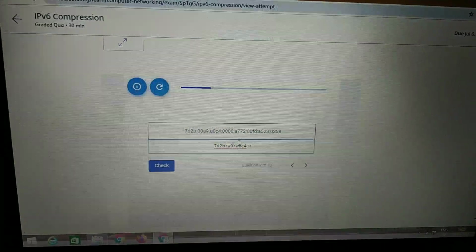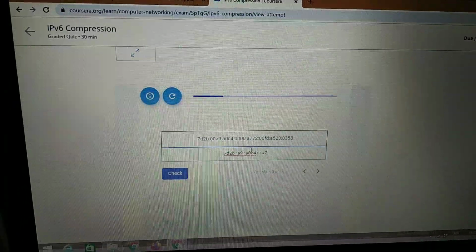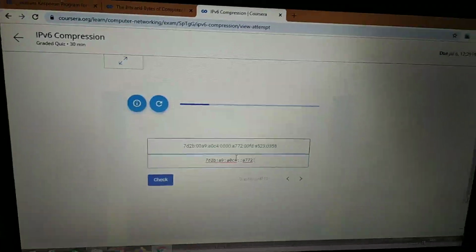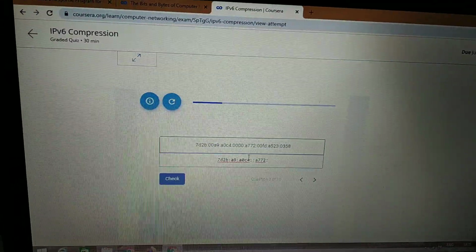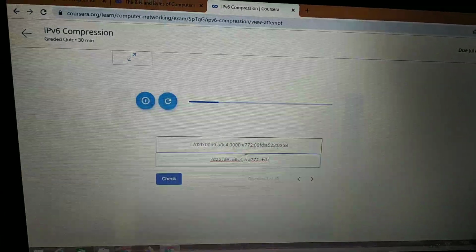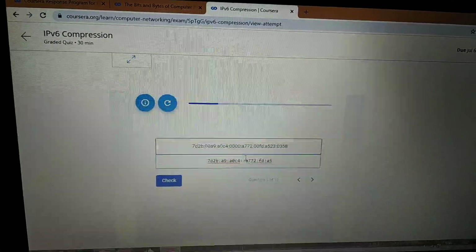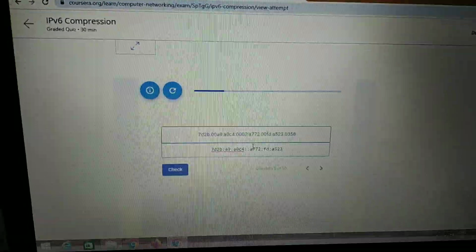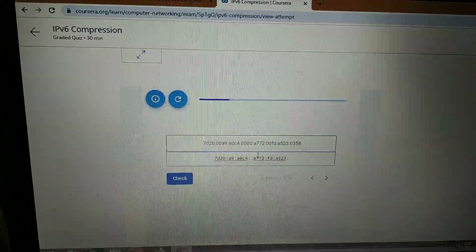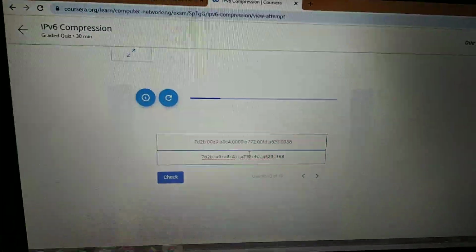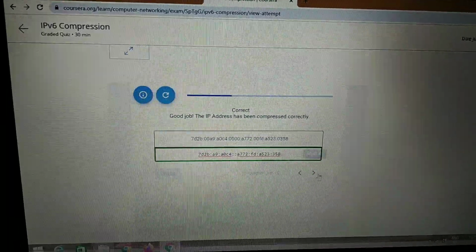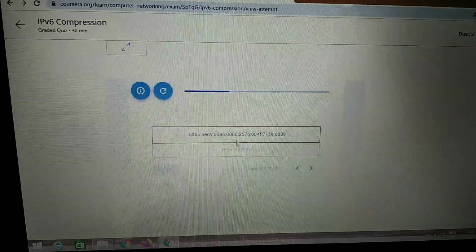Instead of entering that 4 zeros, we have to continue with the next one A772 colon and eliminate 2 zeros and enter the remaining, that is FD colon A523. Next eliminate the 0 before that term and enter 358, the remaining terms. Now check it once, it's correct. So move on to the next one. In the similar way complete.